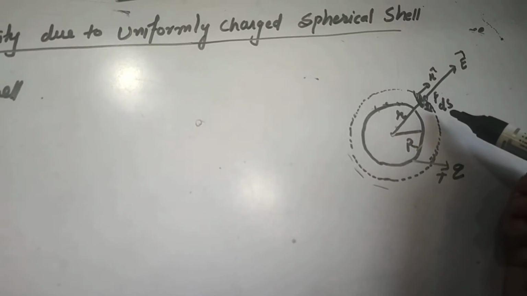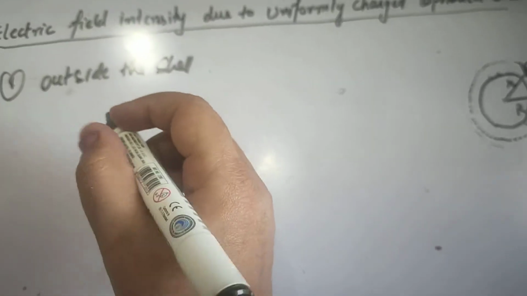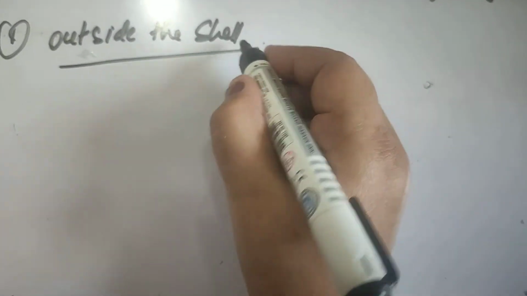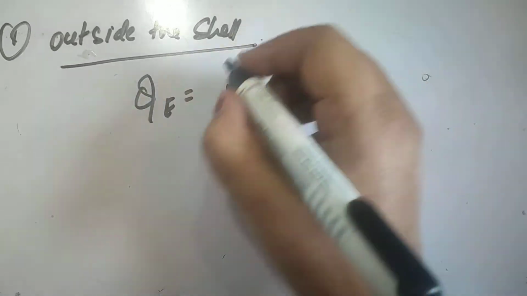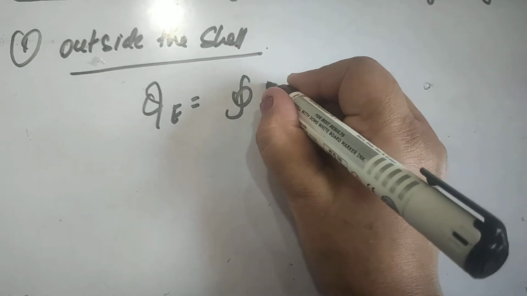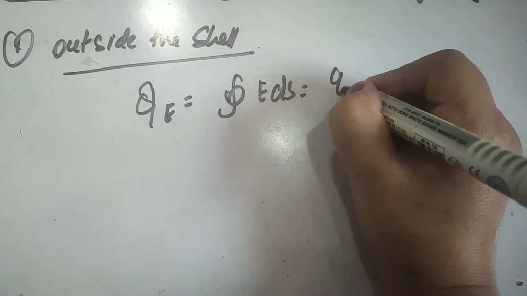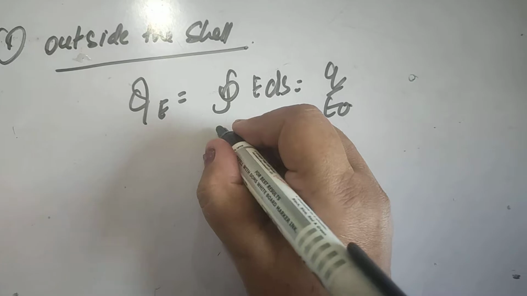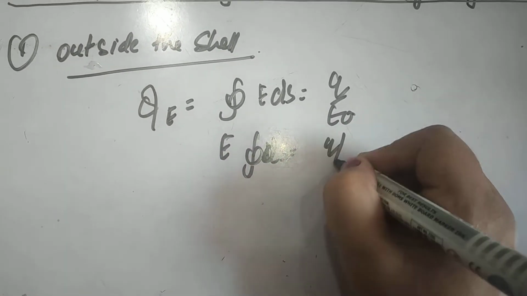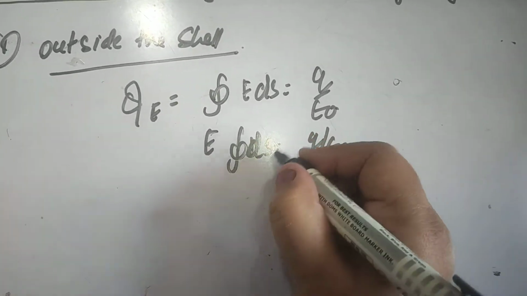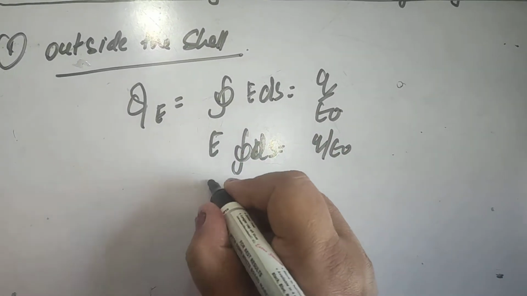Now let us find out. Since this is the application of Gauss theorem, firstly we will write the Gauss theorem, that is phi E is equal to the surface integral of E dS is equal to Q upon epsilon naught, or E integral of dS is equal to Q upon epsilon naught. Surface integral of dS is equal to 4 pi r square.